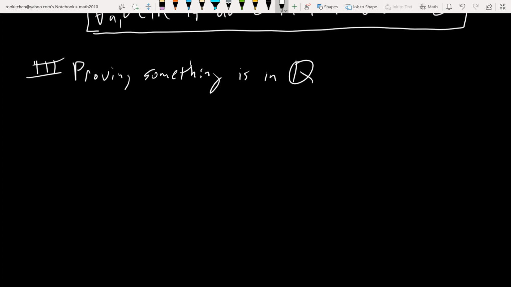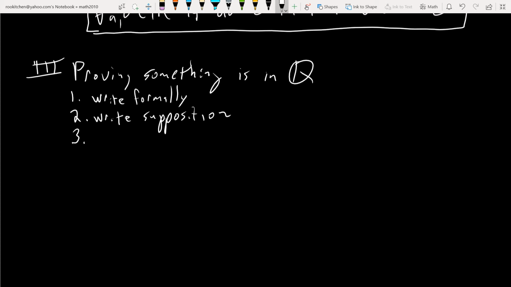So I do it pretty much the same way as we've been doing the direct proofs. I'll write out the statement formally, and then I'll write my supposition. Invoke definitions to instantiate.